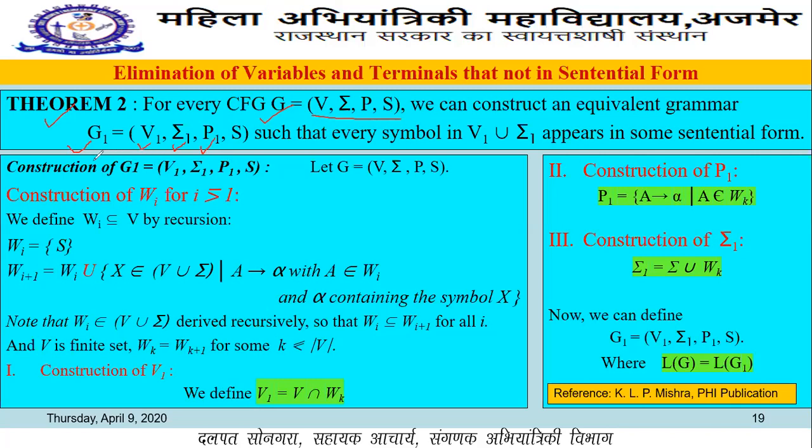So our goal is to construct this simplified or sometimes reduced grammar G1, and all the variables and terminals in these sets are used in deriving a sentential form. So let us discuss how we construct this. We assume a grammar G is given to us, and correspondingly we construct this G1.